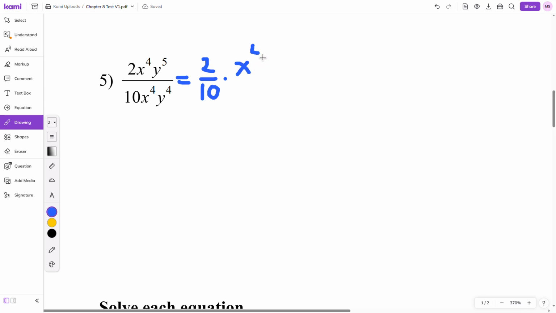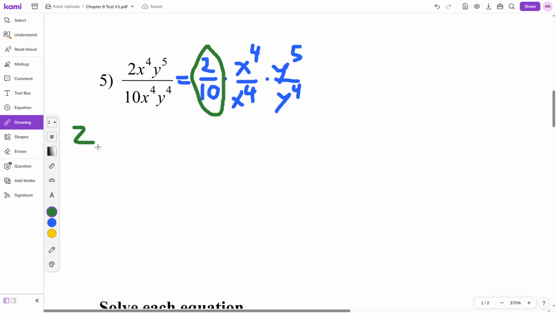Really having a hard time with the mouse today. And that is like this, and that's over y to the 4th. And then we can take some of these apart. So 2 over 10, that's really 2 over 2 times 5.